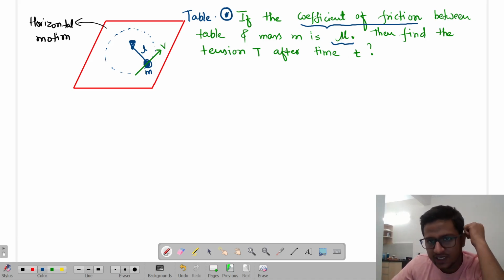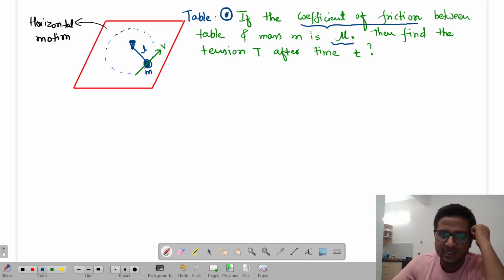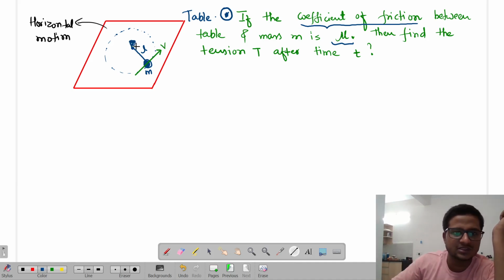If this mass m comes over here, at this instant of time, will it have a different velocity or not? Why? Because mu would have decreased it.